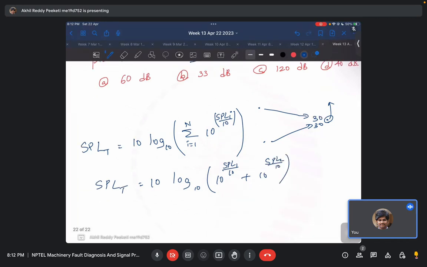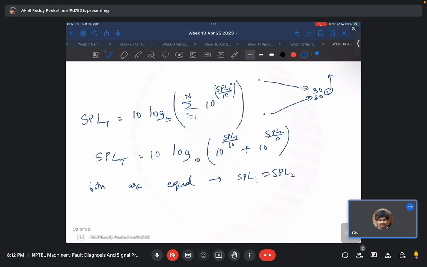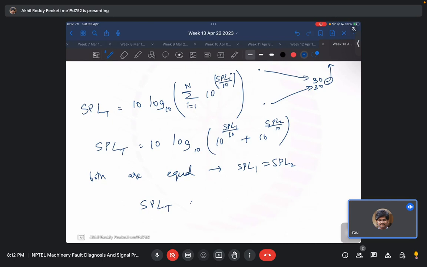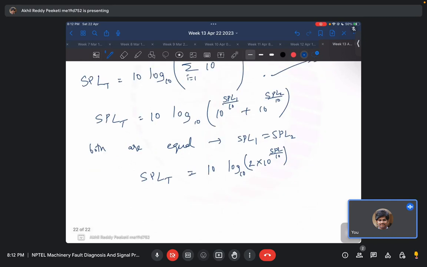In the case where both are equal, we have also derived that formula: two into 10 power SPL by 10. This actually comes out to be SPL 1 plus 3.